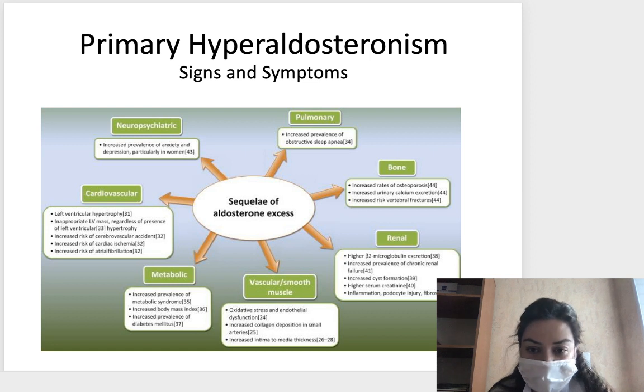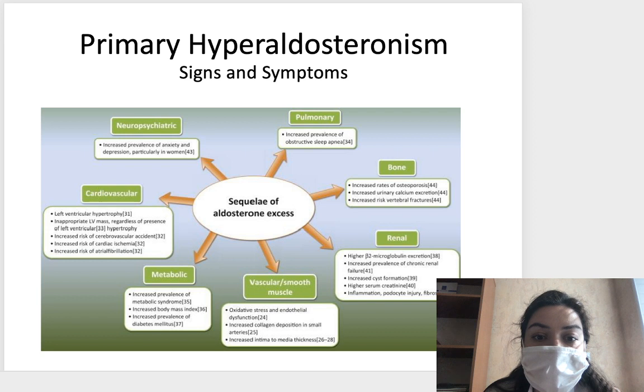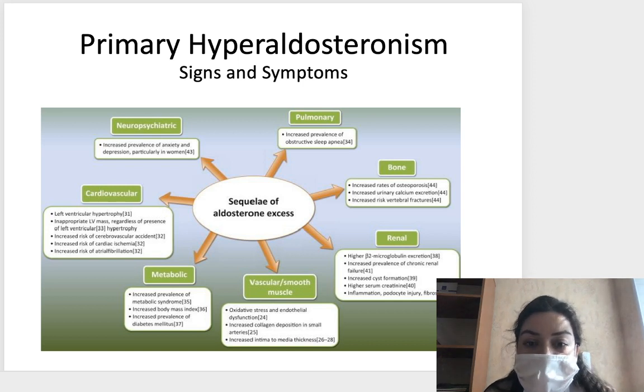Next one, here we see a scheme with signs and symptoms of primary hyperaldosteronism. As you can see, they can be pulmonary, like increased prevalence of obstructive sleep apnea. Bone system: increased rates of osteoporosis, increased urinary calcium excretion, and increased risk of vertebral fractures.